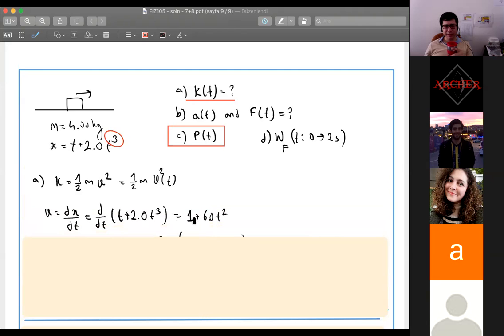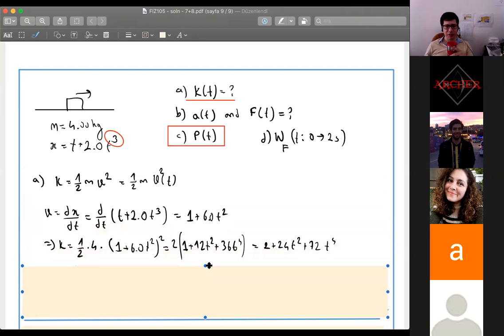So velocity is this 1 plus 6t square. You put it into the 1/2 mv square expression. So square it, multiply it with mass, divide it by 2. This is the kinetic energy. Okay, K equals 1/2 mass times (1 plus 6t square) squared. Kinetic energy. Part A, done.